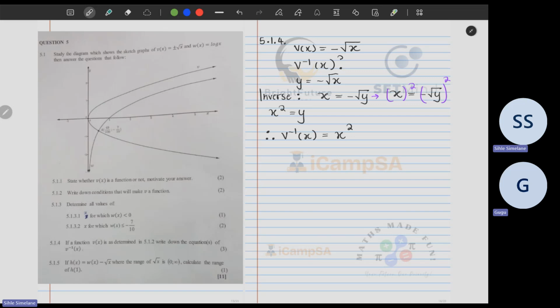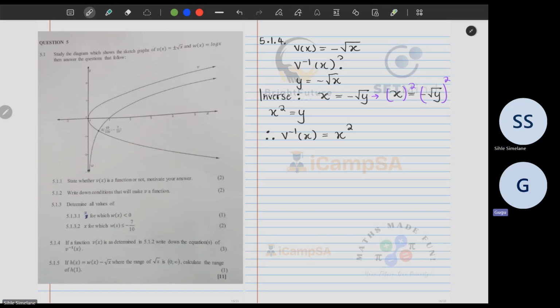But we need to be careful. When our HOD narrates our papers, he said when we write the inverse of a function, there must be a condition next to it. That is where we are going.